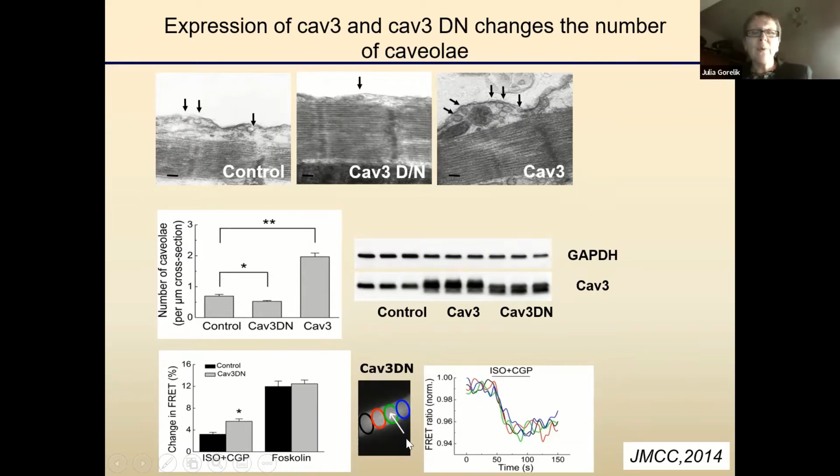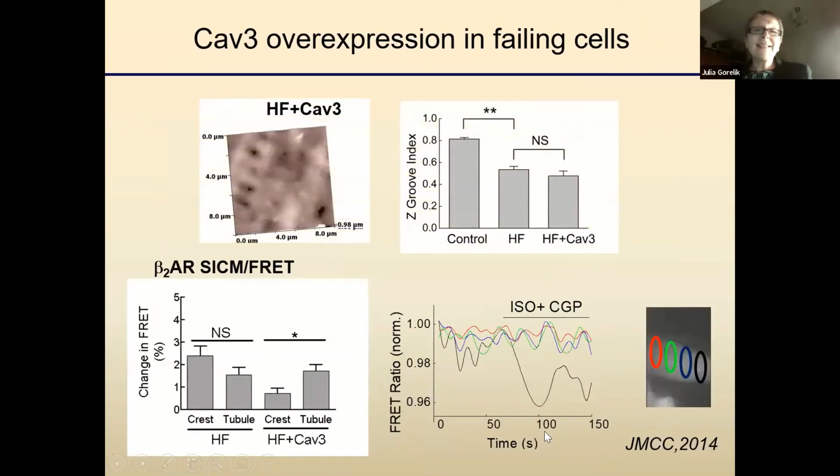When we infect the cardiomyocytes with dominant negative caveolin-3, we have fewer caveolae, and we no longer have a local signal from the beta-2. We then decided to infect the heart failure cells with caveolin-3, and after the expression of caveolin-3 we returned to a local signal after beta-2 stimulation.